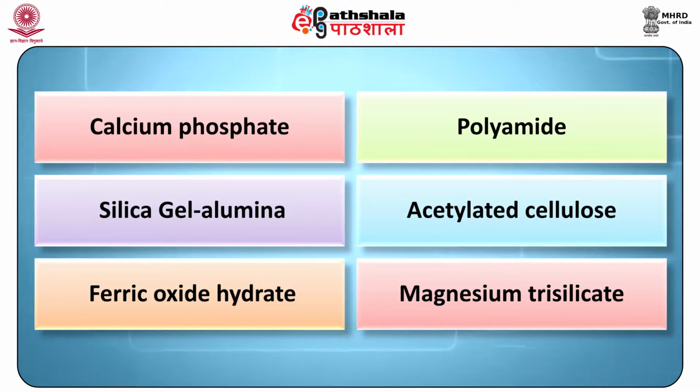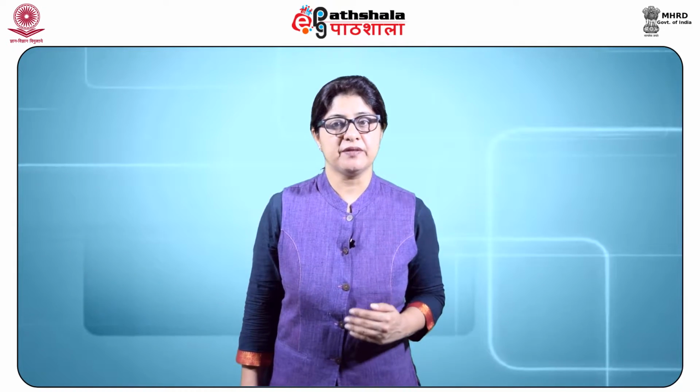Other stationary phases include calcium phosphate, polyamide, silica gel, alumina, acetylated cellulose, ferric oxide hydrate, and magnesium trisilicate. It is often observed that the binding of these constituents to the stationary plate is difficult. Hence, a binder known as gypsum is used.